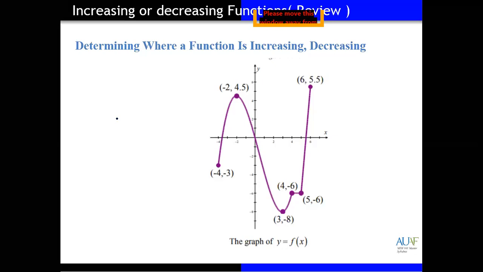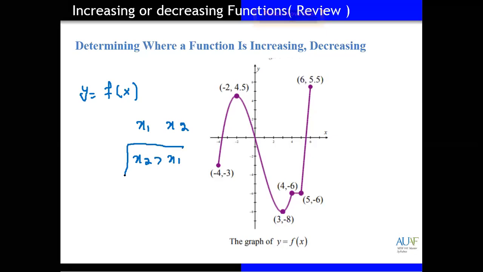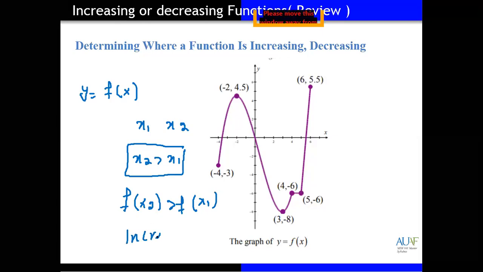The condition was, if we have a function y is equal to f of x, and if we select two values, x1 value and x2 value, with the condition x2 greater than x1, then function 2 must be greater than function 1. This is for increasing function. F of x2 must be greater than f of x1. Condition of increasing function.